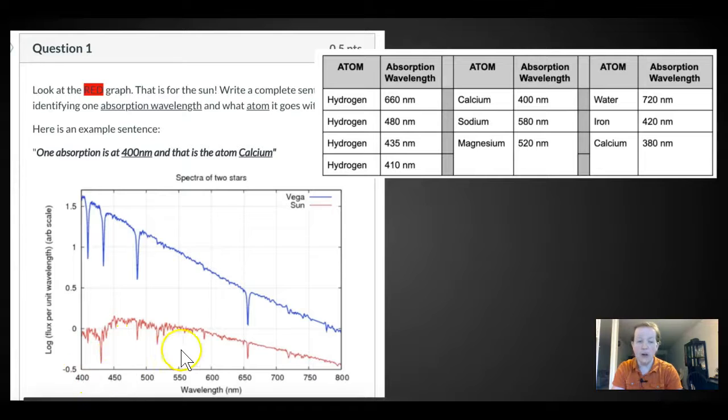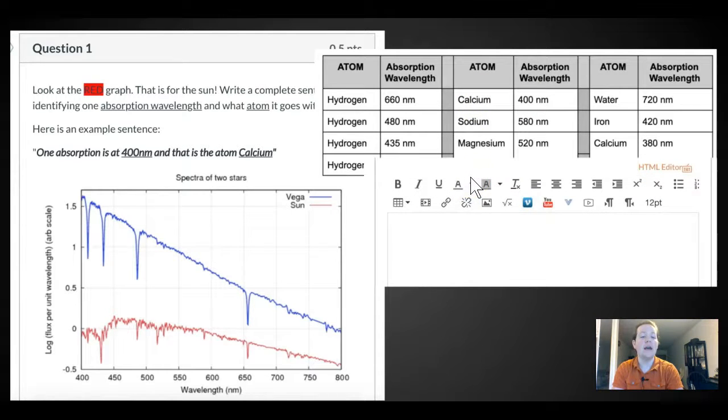If this is 400, we want to look for 400 wavelength. Oh, look right here, 400. What atom has a fingerprint at 400? That's calcium.